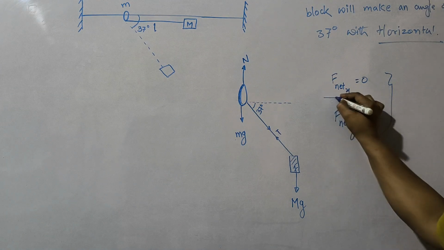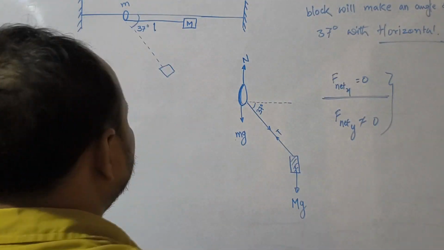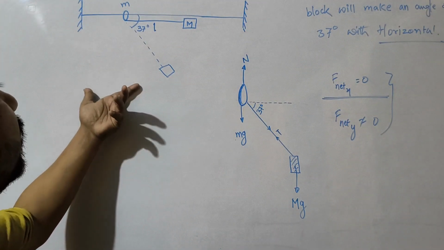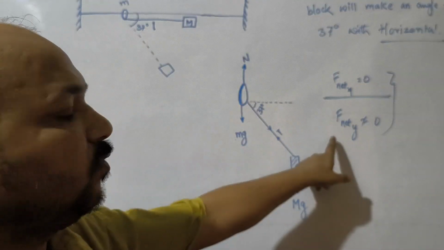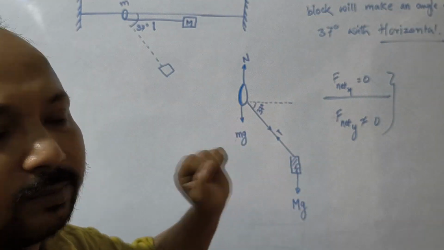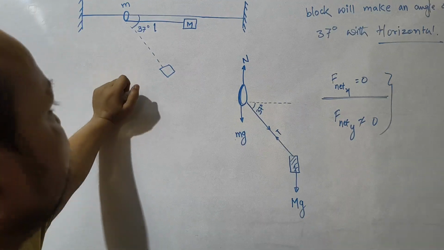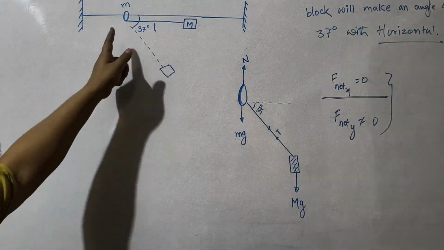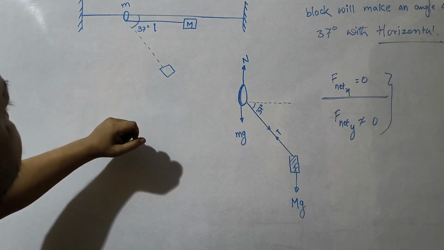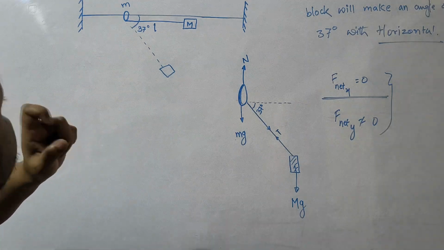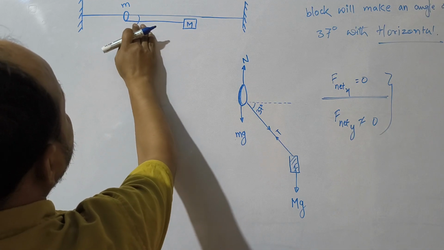Now we just have to evaluate the shifting of the center of mass along x direction only. We don't have to be concerned about the y direction. So what we have to do, let's say, this diagram has to be drawn clearly.